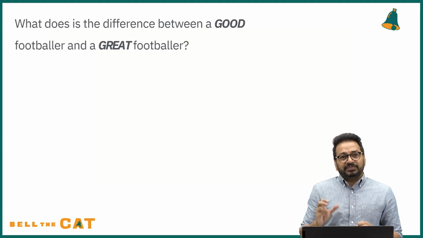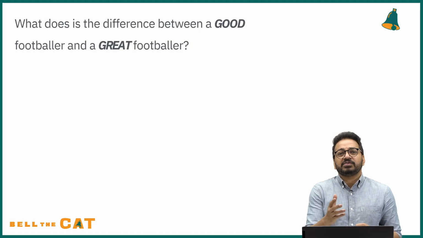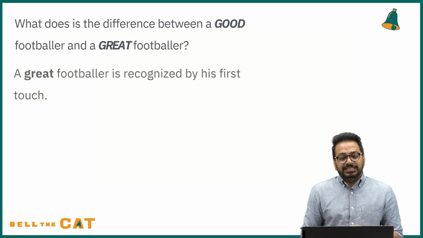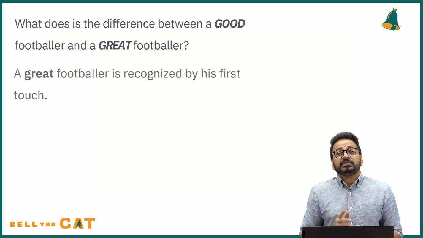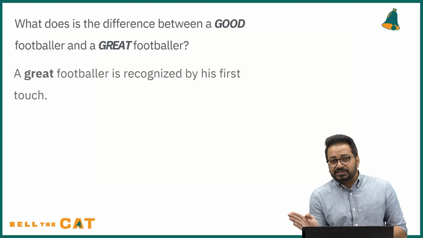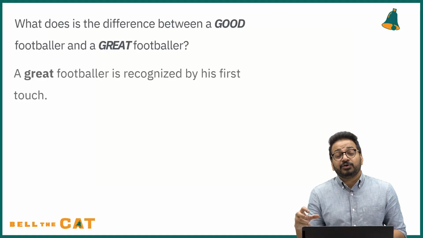Now, what's the difference? If I take the example of football, what's the difference between a good footballer and a great footballer? The difference between the two is the first touch. A great footballer is always recognized by the first touch. The way he or she touches the ball for the first time will be very, very close to the foot.